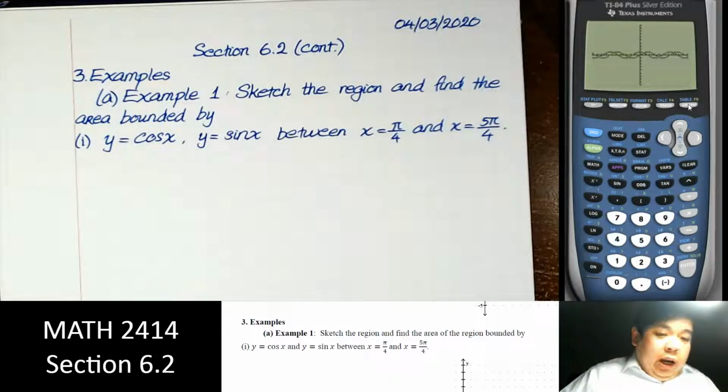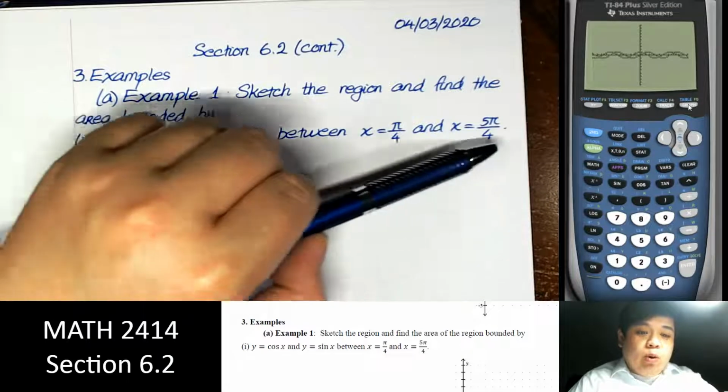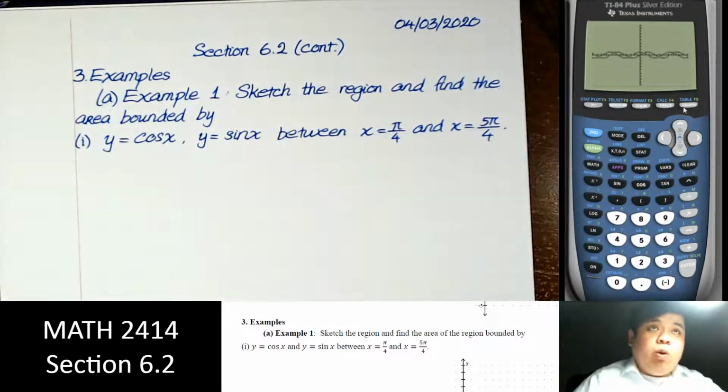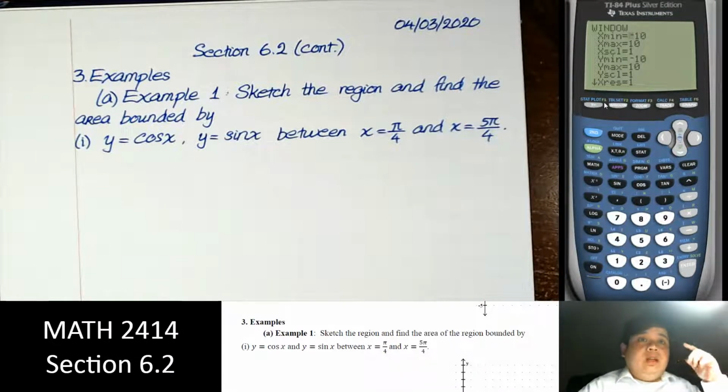Right. Maybe difficult to see, but we need to have pi over 4 to 5 pi over 4. So in that case, we might want to check the windows. We know the sine cosine functions only between -1 and 1 on the y. So we go down here, we check the y values first.